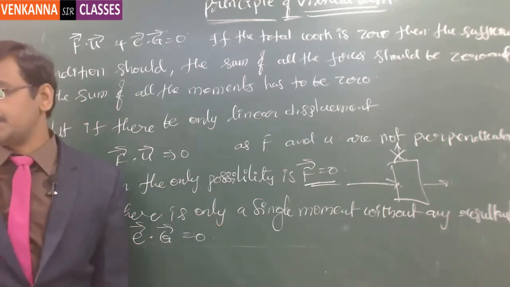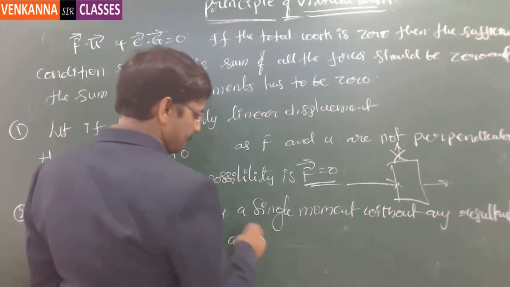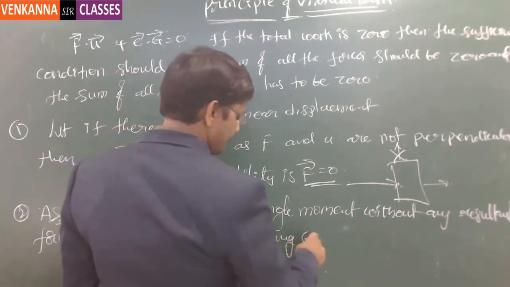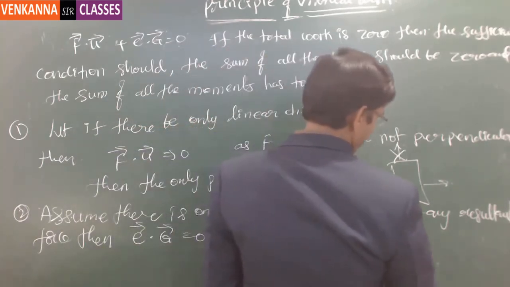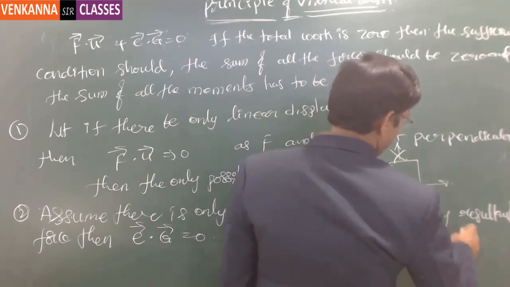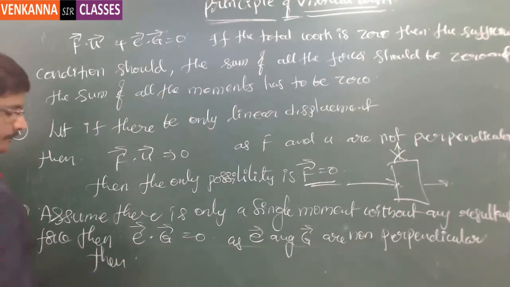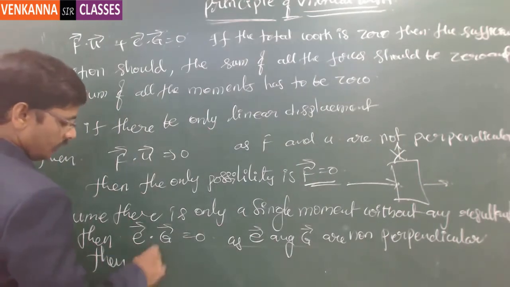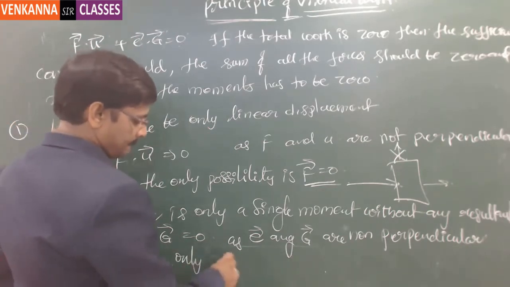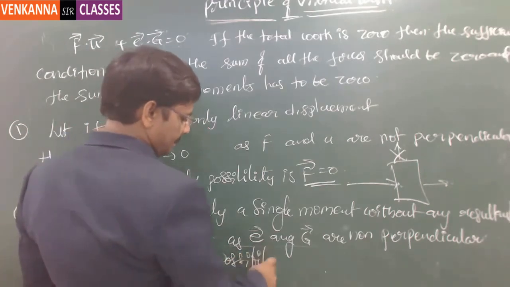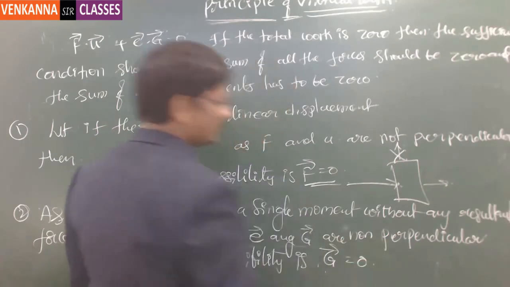So this is the sufficient condition. As E and G are non-perpendicular again, the only possibility is G equal to 0. So these are the sufficient conditions.